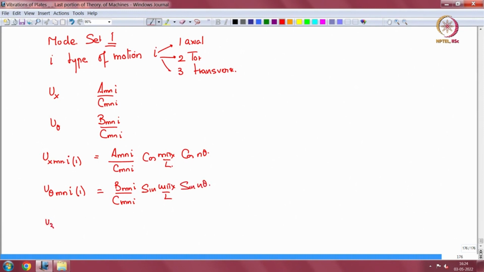Then u3,mnI first set is sin(m pi x by L) cos(n theta). This is the first set.